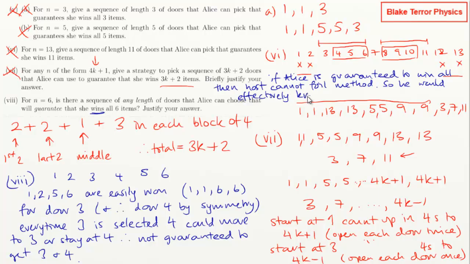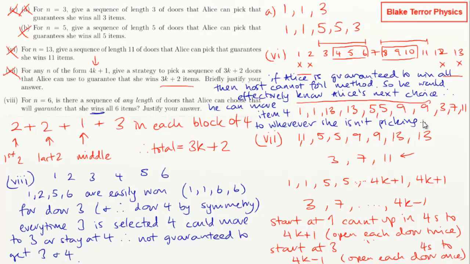Effectively know Alice's next choice. Therefore, he can move the item 4 to wherever she isn't picking next. Yeah, I think that's a better way of putting it. It essentially amounts to the same thing.